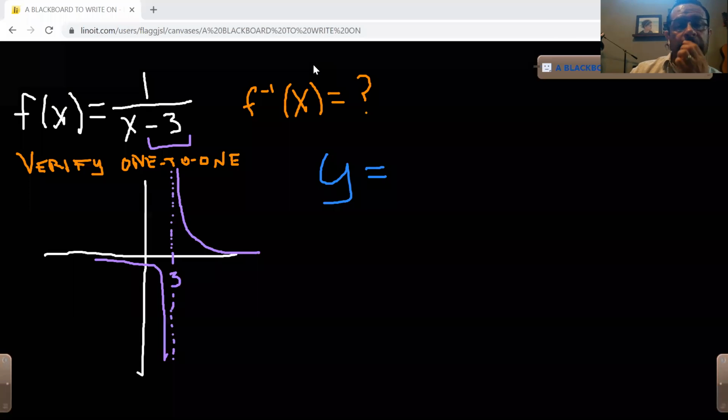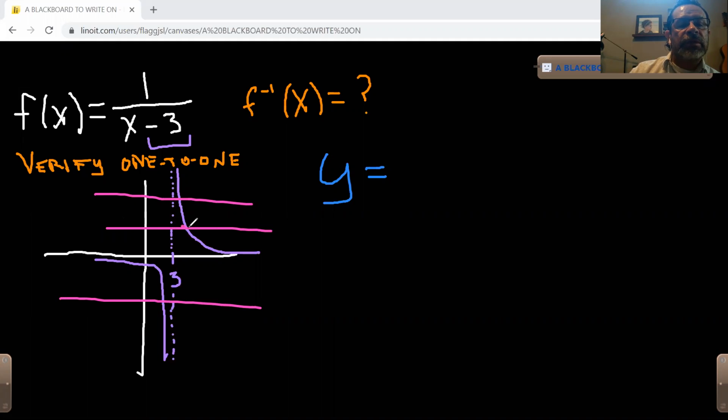Yes, it's one-to-one, correct. If we do the horizontal line test, we're going to notice that we only intersect in one point. We're only intersecting here in one point, here in one point. And any place I do the horizontal line test, we're only going to be intersecting in one point. So this is a one-to-one function.